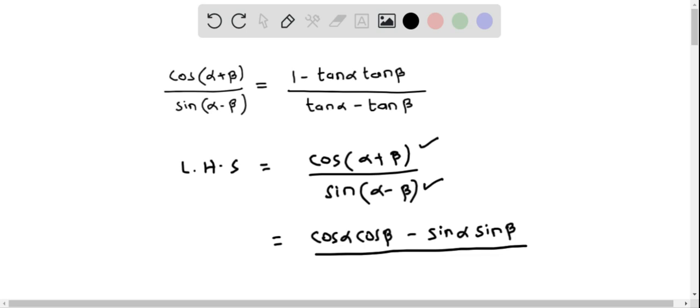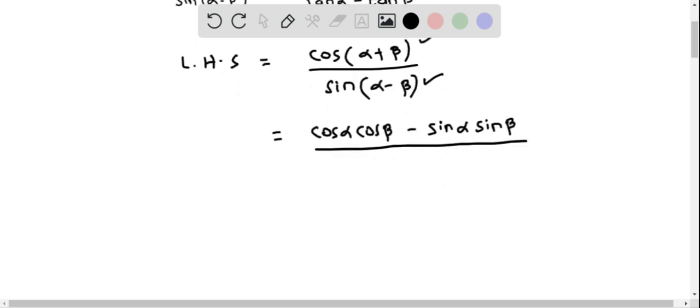Now I expand the sine of alpha minus beta using the difference formula for sine. So therefore this can be written as sine alpha cosine beta minus cosine alpha sine beta.